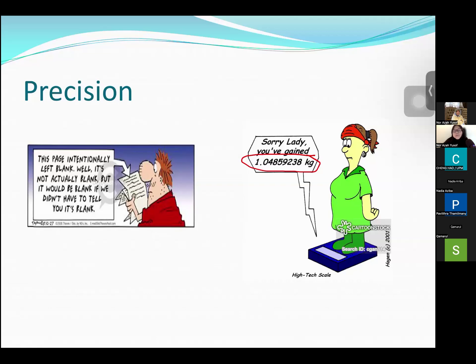The decimal point is around 6, 23, 4, 5, 6, 8 decimal places. And you can see that this is an example. This page intentionally left blank. Well, it's not actually blank, but it would be blank if we didn't have to tell you it's blank. So it's very precise, telling you very detailed.